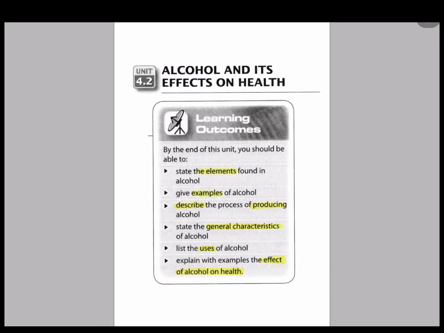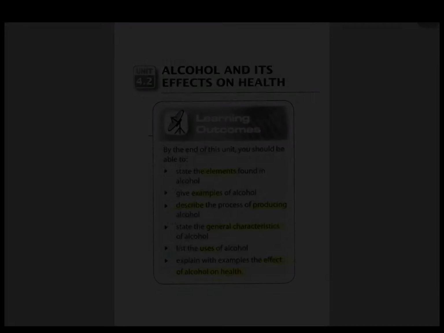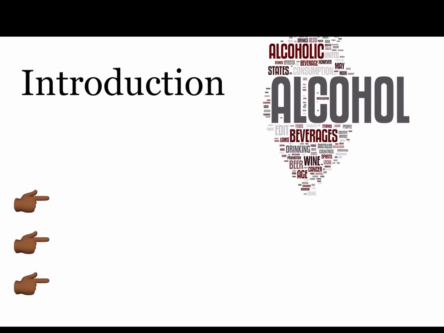All right, so we proceed on the first one. So before we start, we should know what is alcohol, right? So based on me, I've listed down three basic introductions to the alcohol. The first one that you should know, the alcohol is the organic carbon compound.